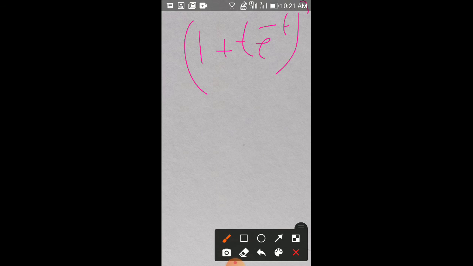And the fourth question is a new type of question. So in the series of these questions, there is one special question: find the Laplace transform of 1 plus t e raised to power minus t whole cube.